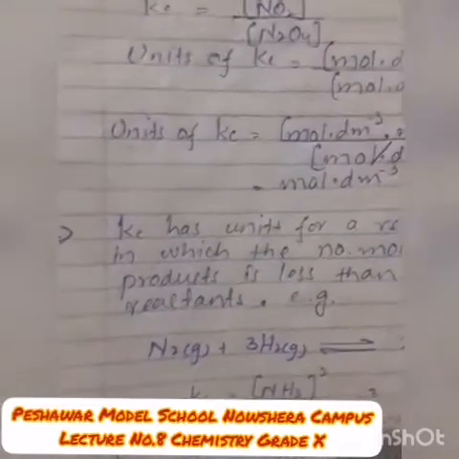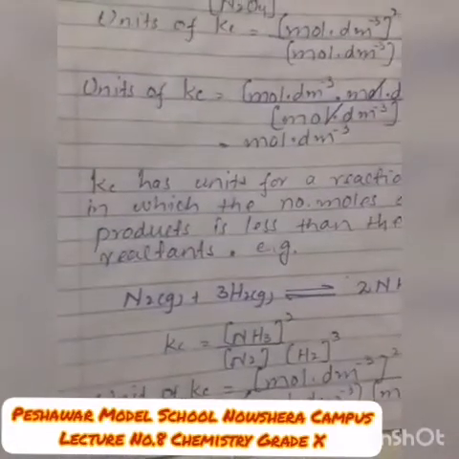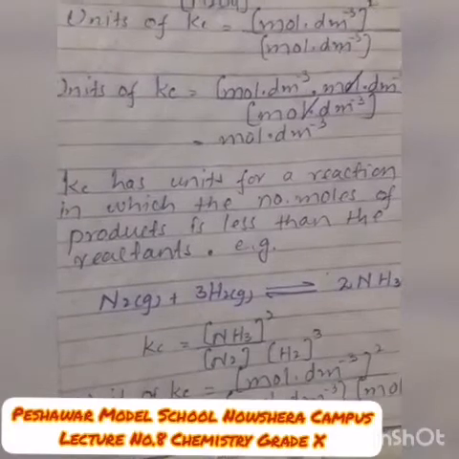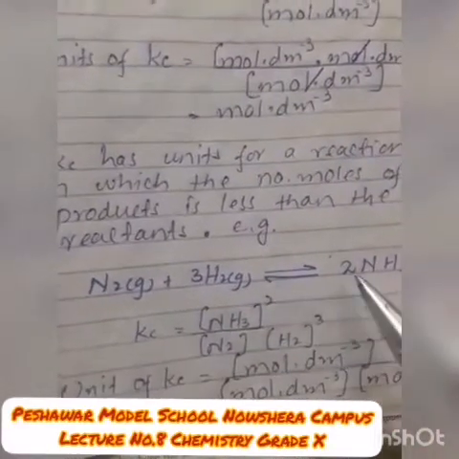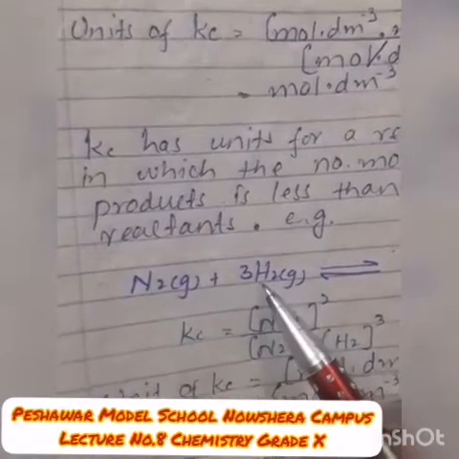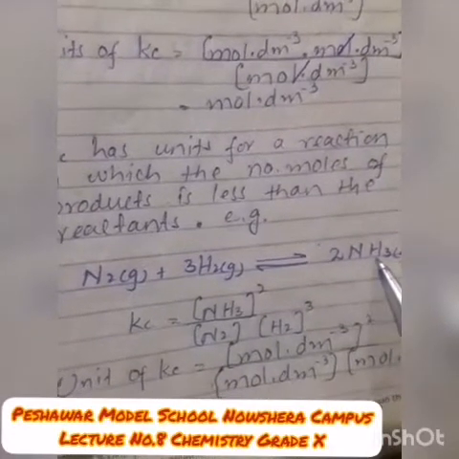The third one is that Kc has units for a reaction in which the number of moles of products is less than the number of moles of reactants. Look at here. Here are 1 mole of nitrogen and 3 moles of hydrogen, and at the end it will give us 2 moles of ammonia.